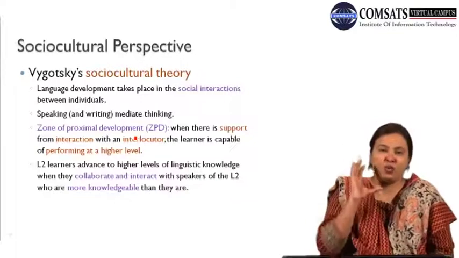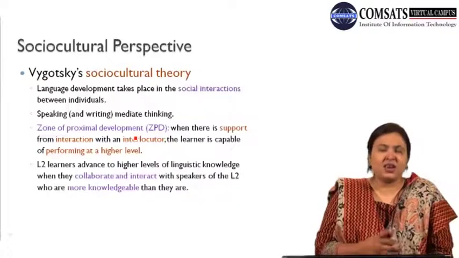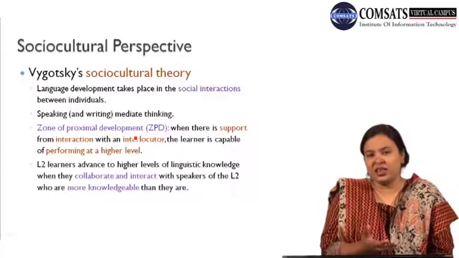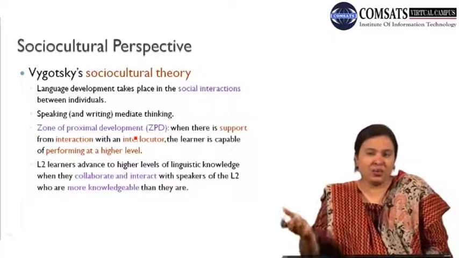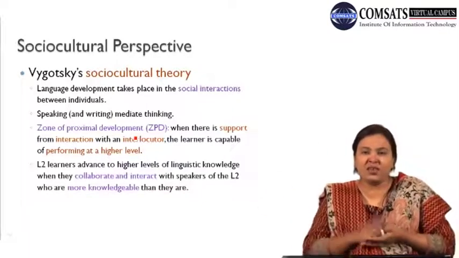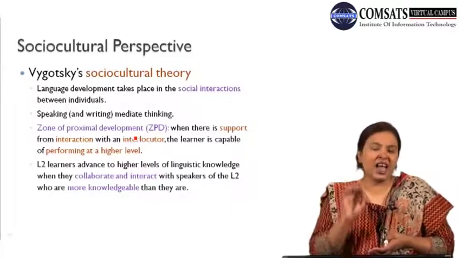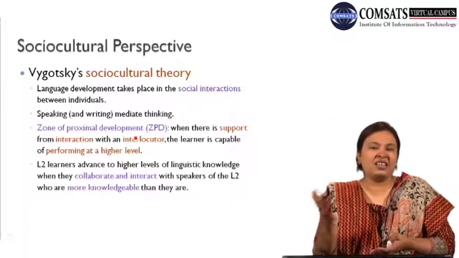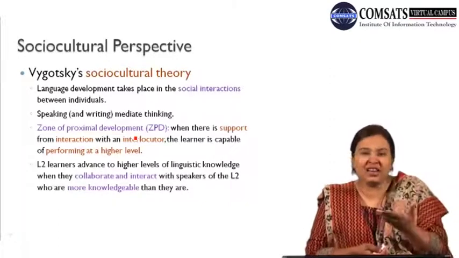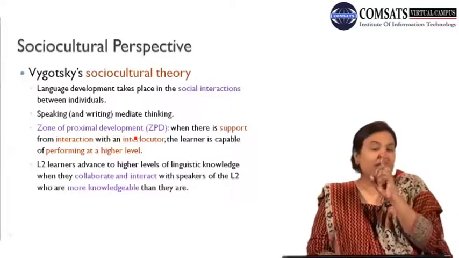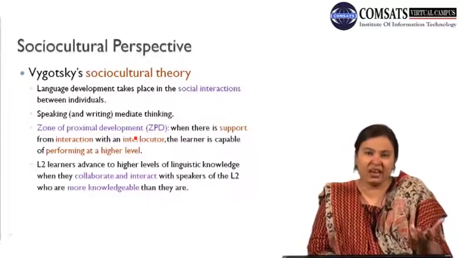But children who acquired Urdu as a first language for 5-6 or 7 years, when they move from Pakistan to somewhere in England, settle over there and communicate with the native speakers, in the next 3, 4, 5 years they would be as good speakers of English as the native speakers are, because they socially interact with the speakers of that second language.